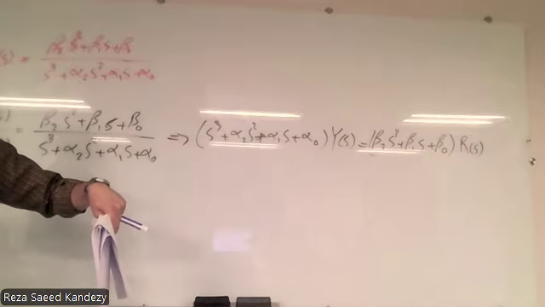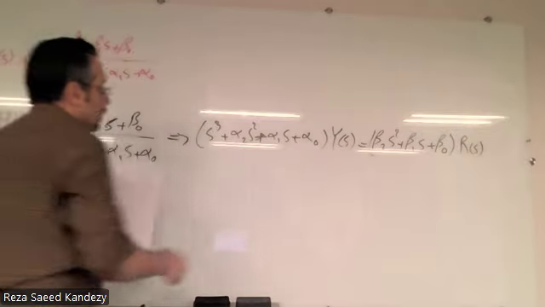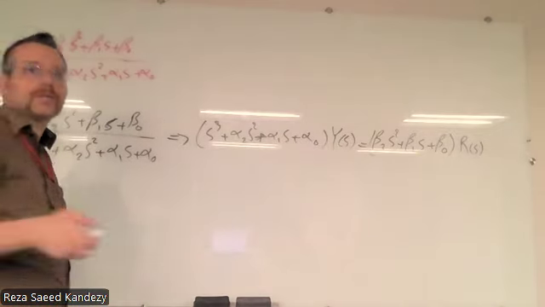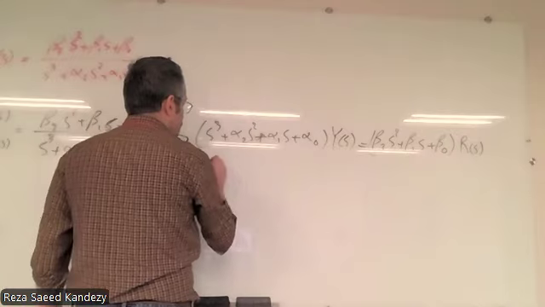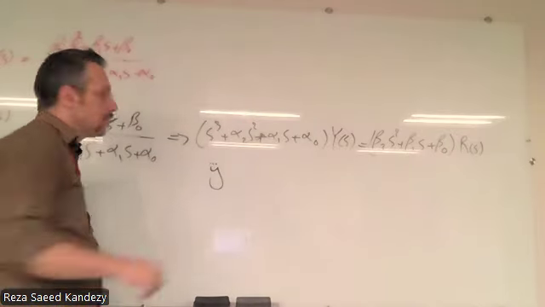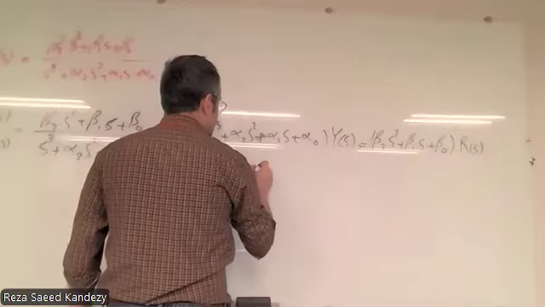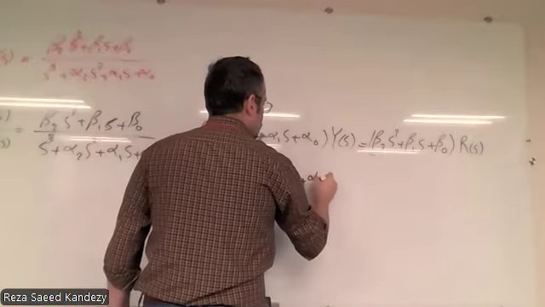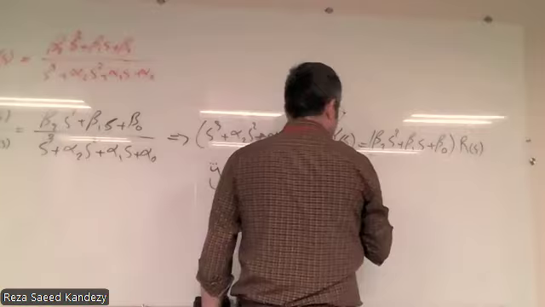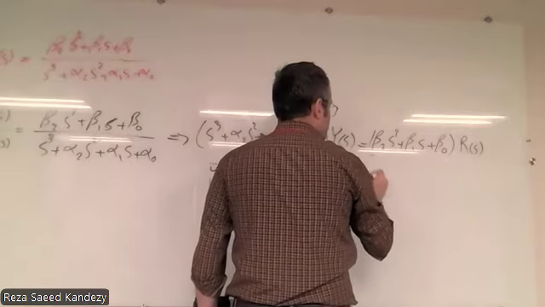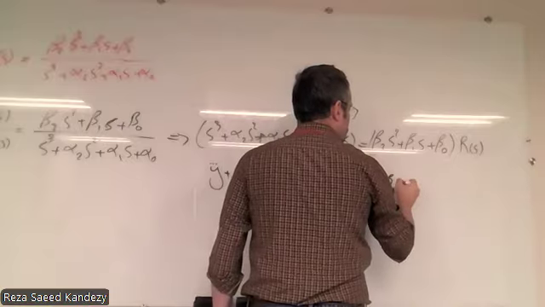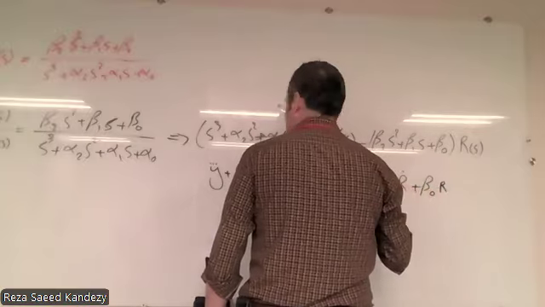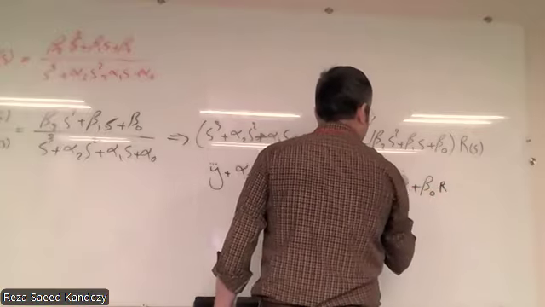To get a Laplace inverse. Remember? So s cubed Y(s), the Laplace inverse of that is the third order derivative of y, so it's y triple dot. Very good. This one is going to be alpha 2 y double dot, alpha 1 y dot, alpha 0 y. Same here: beta 2 r double dot, beta 1 r dot plus beta 0 r.